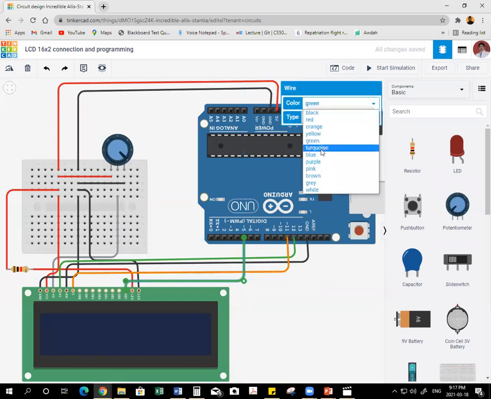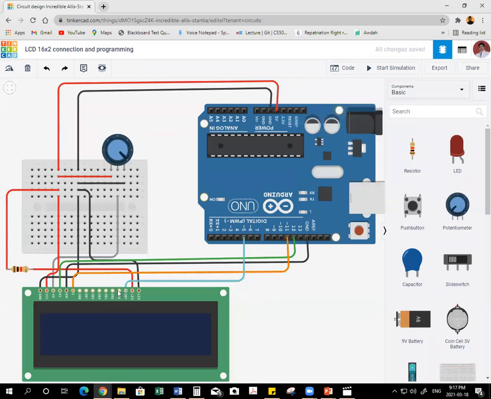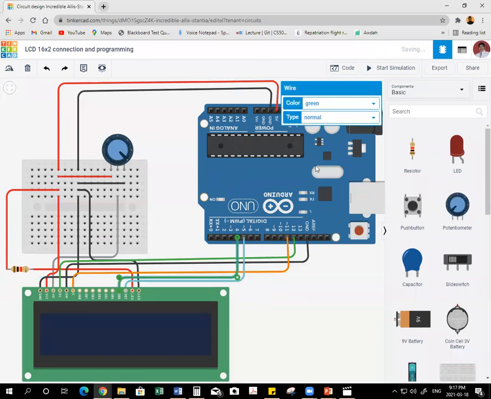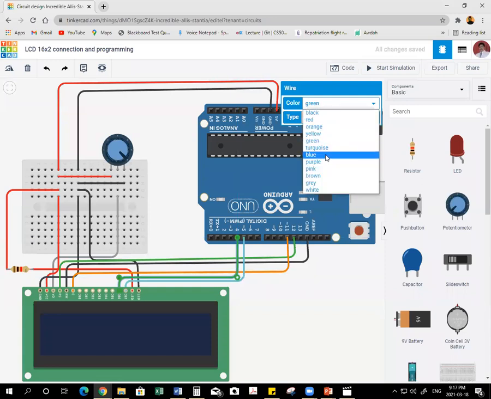Check colors from here. Okay, beside 4, not blue, pink.